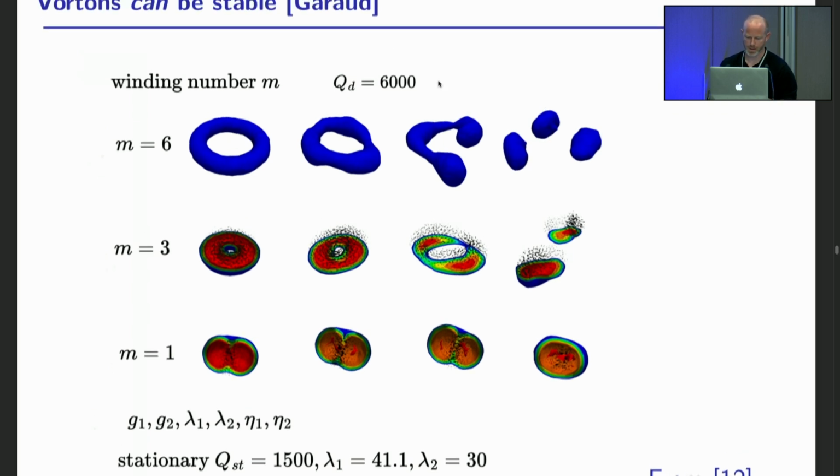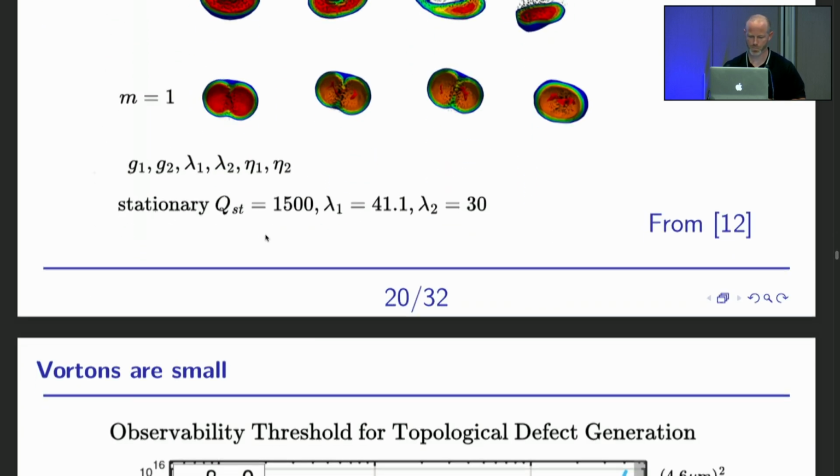The way to think of it is this big number is related to how fat and how much charge is carried in these vortons. If they're sufficiently fat, they're stable. If they have a higher winding number, as you can see from the temporal evolution left to right, these things will fly apart.